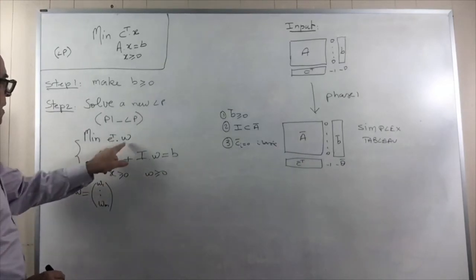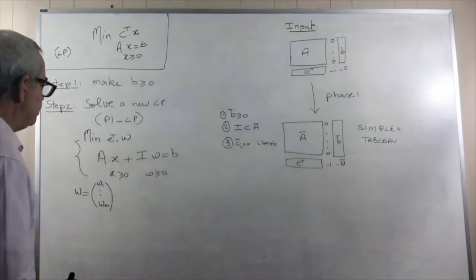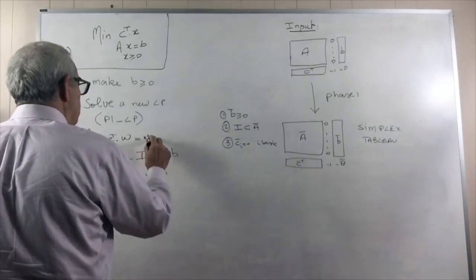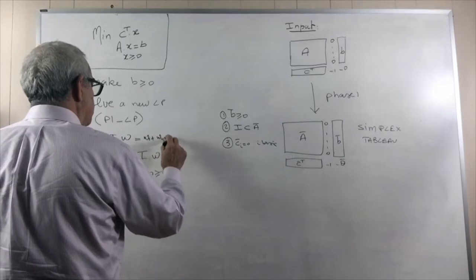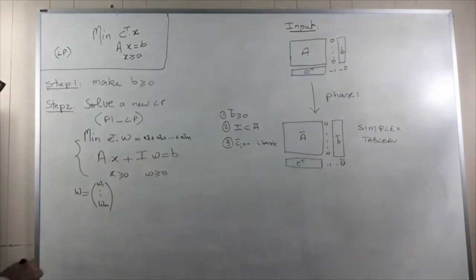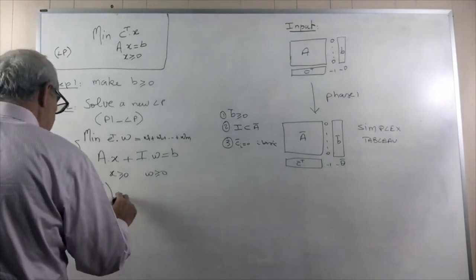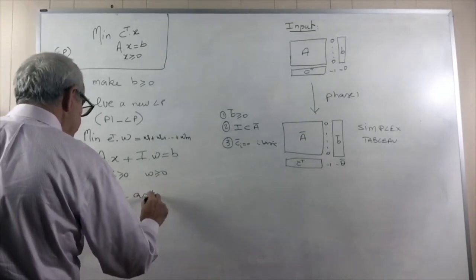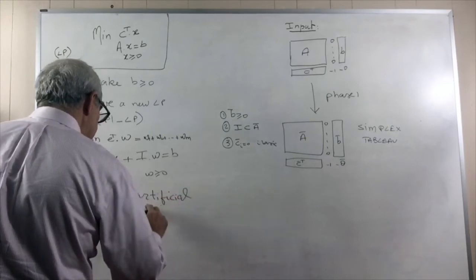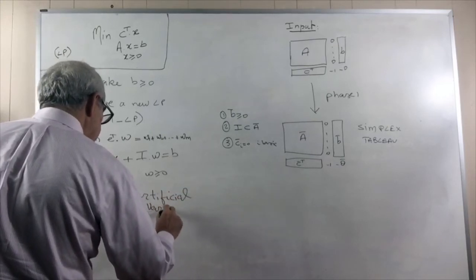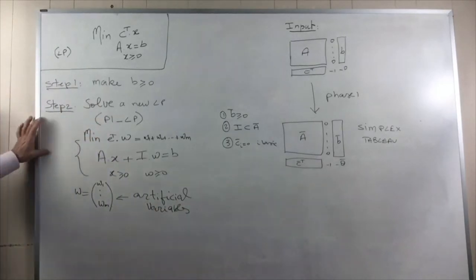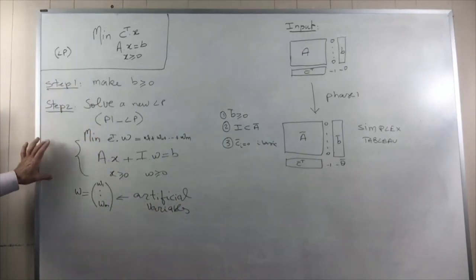Here we are minimizing e transpose W, which is just W1 plus W2 plus etcetera plus Wm. These are called artificial variables. So this is the program that we're going to solve in step 2.